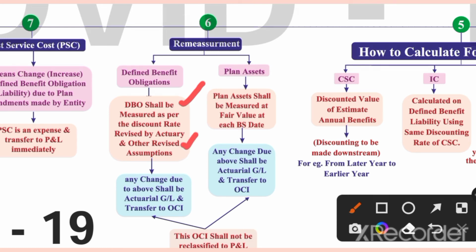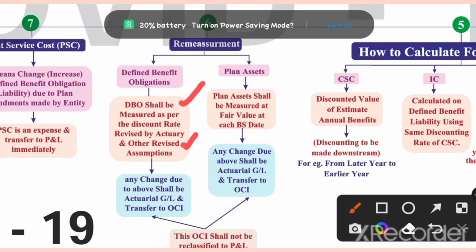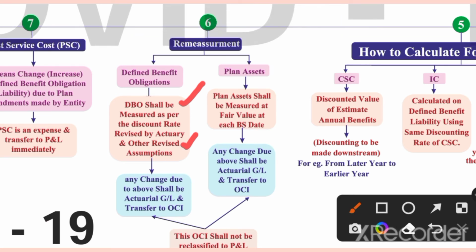Means first they consider this as the actuarial assumption, say 10,000 is the actuarial assumption, and in future 10% interest cost is added. But in future the actuary is changing the discount rate, or he is changing the value amount of the contribution or anything. In the defined benefit obligation, if he is changing anything like the interest rate, then it will be remeasurement. Then it is called the remeasurement.